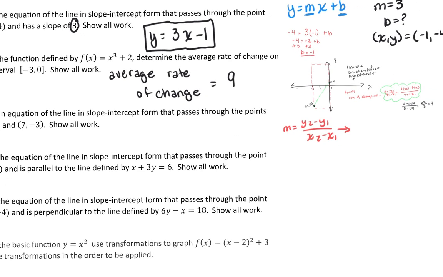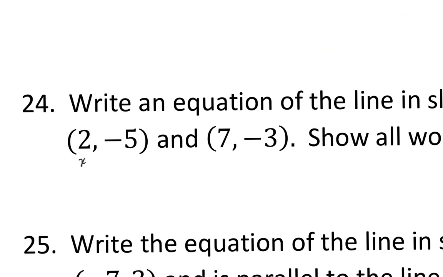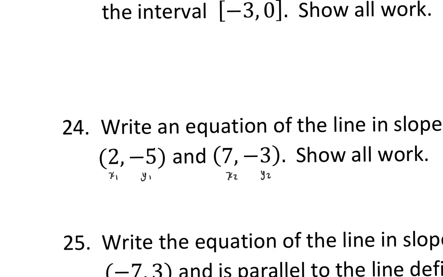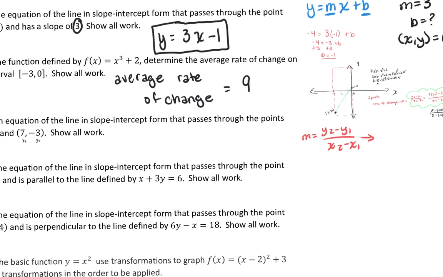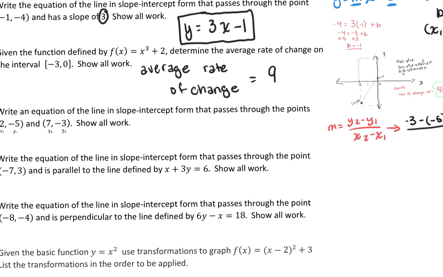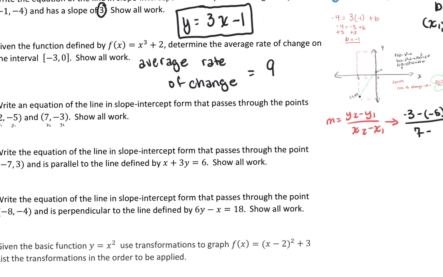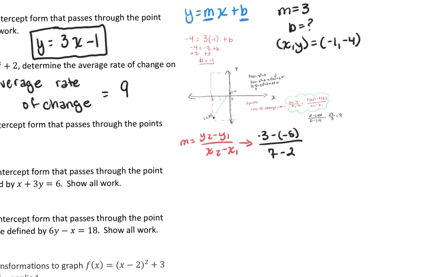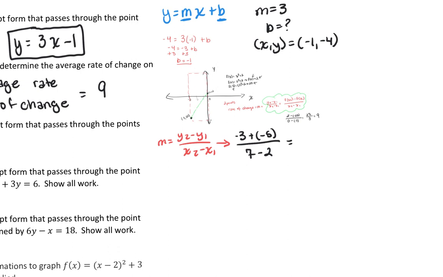So we'll call this x1, y1, x2, y2. So y2 we said was negative 3 minus our y1, it's negative 5, all over our x2, which is 7, minus our x1, which is 2. So that'll give us negative 3 plus 5, which is 2, over 7 minus 2, which is 5. So this is our slope.